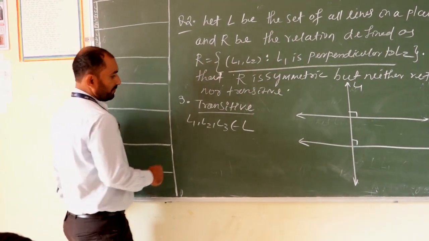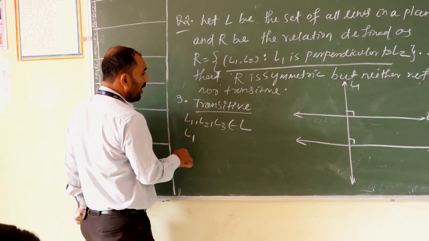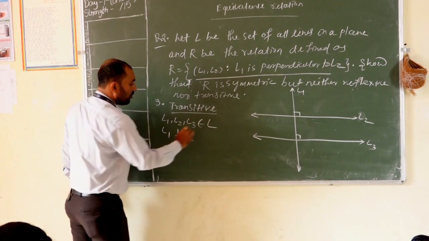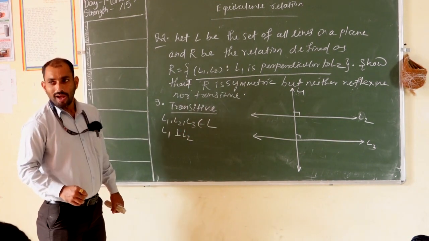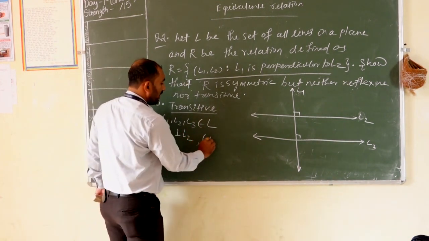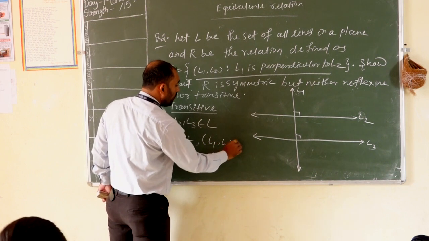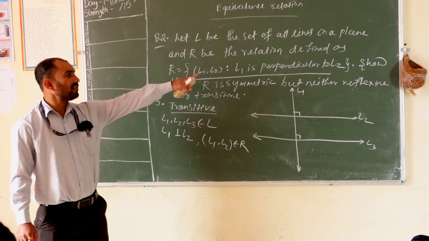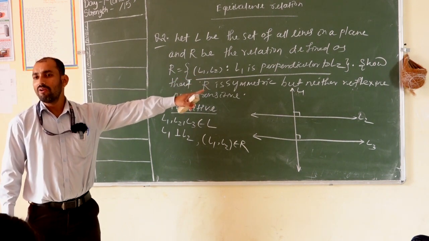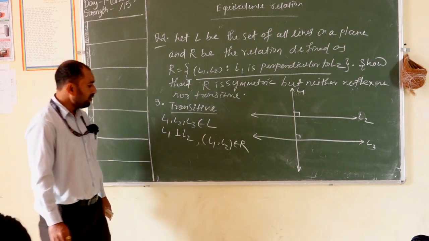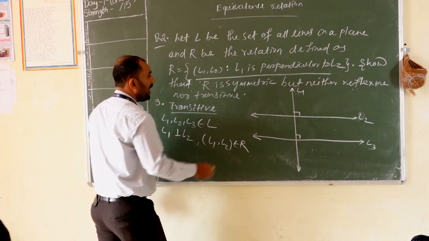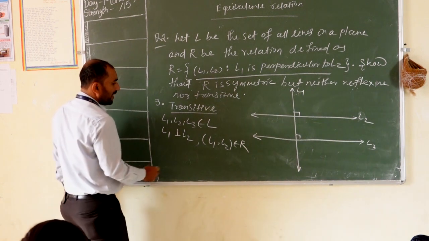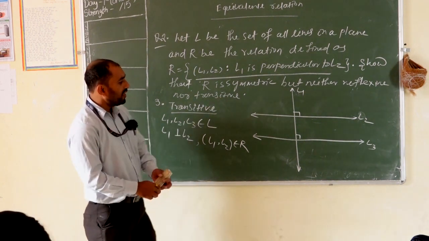Look at this condition. L1 is perpendicular to L2. Clear? As per your diagram, then (L1, L2) belongs to R, the relation is satisfied as the relation is given. Then again L1 is perpendicular to L3. Can L2 be perpendicular to L3?